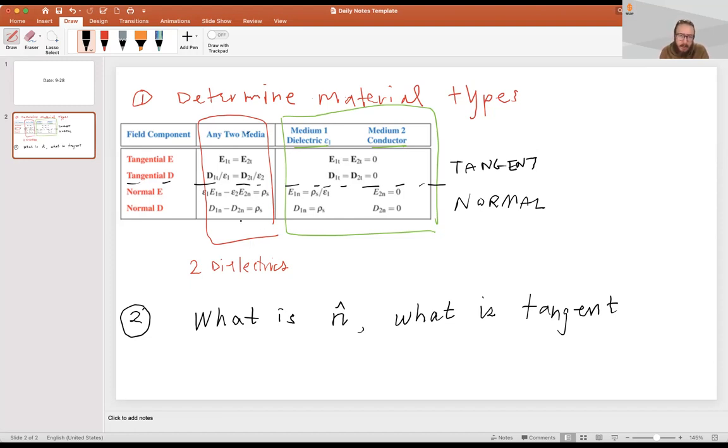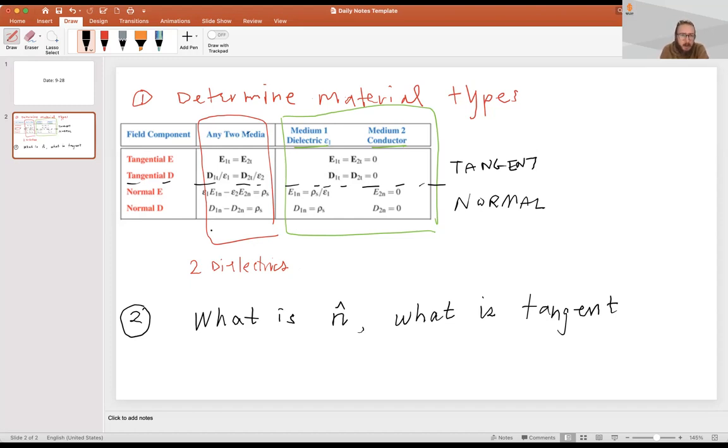So you have a relationship between field 1 and field 2, which is the field in media 1 and media 2. And in order to find that final relationship, you need to know what the normal part and the tangent part of the field is.